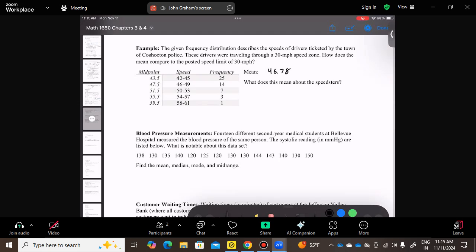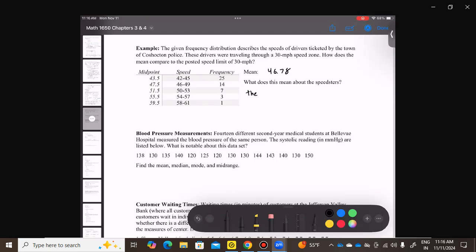Well, the people caught speeding are well above the speed limit. Right, so maybe that doesn't mean people don't go 30, 35. They just don't get ticketed.